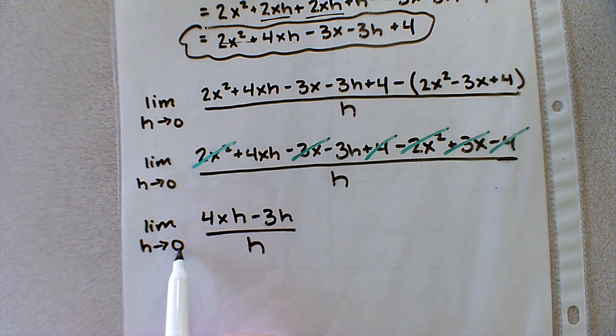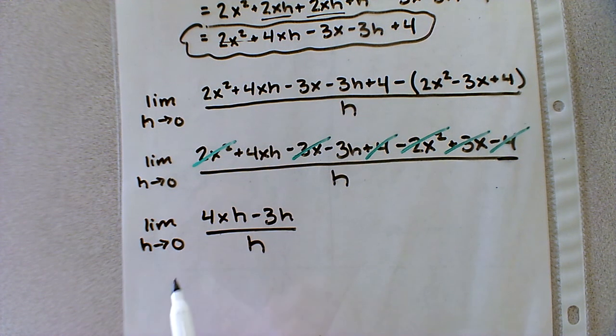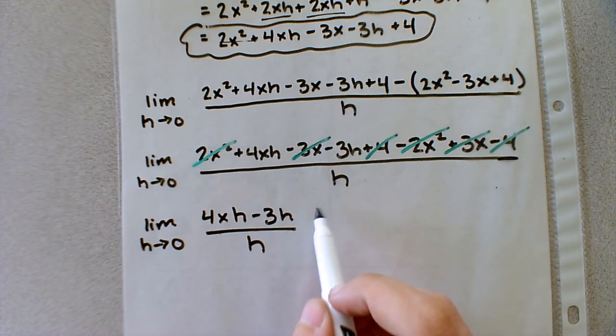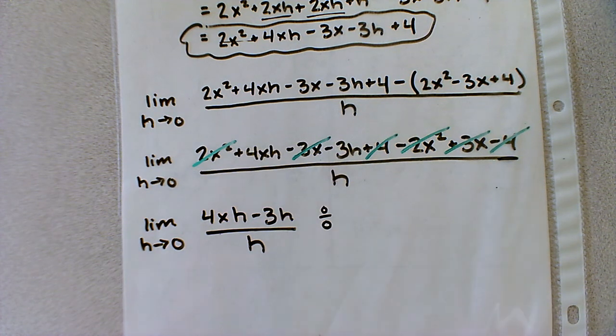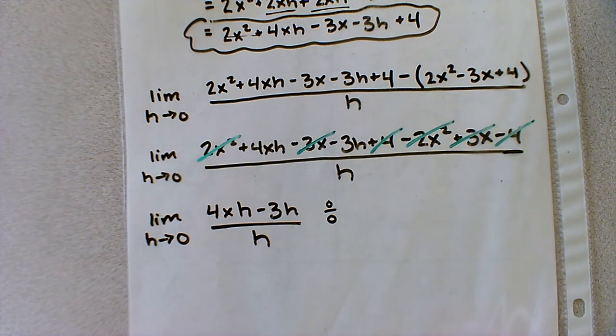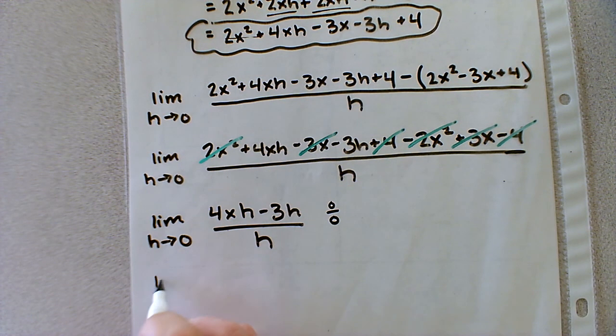Notice how h is approaching 0, so I want to try direct substitution first. If I plug in 0 for the h's, looks like I'll get 0 over 0, which is signifying a hole. So that means we should be able to take this a little bit further with some algebra in order to get our actual limit value.